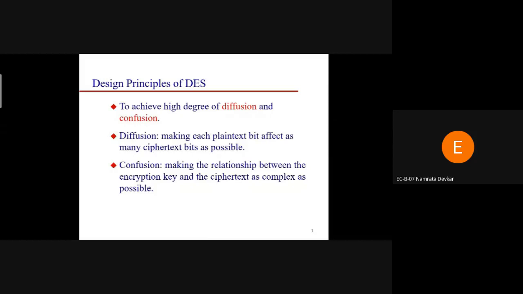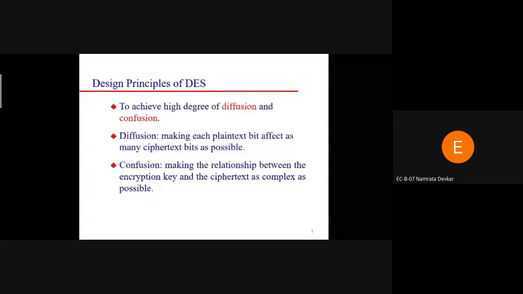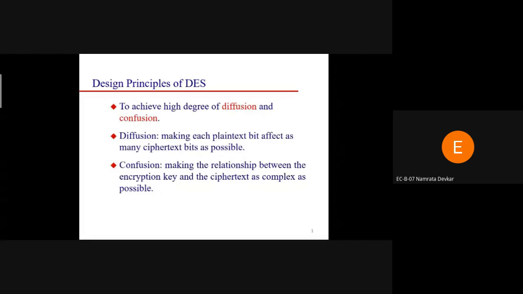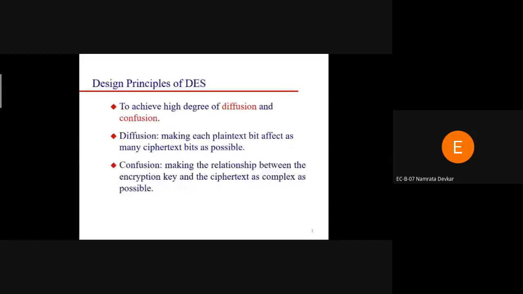Based on these three points, we have to design the confusion and diffusion concepts. Diffusion hides the information between plain text and ciphertext, and confusion hides the information between ciphertext and key. Due to these, we can secure our system, or secure our information.